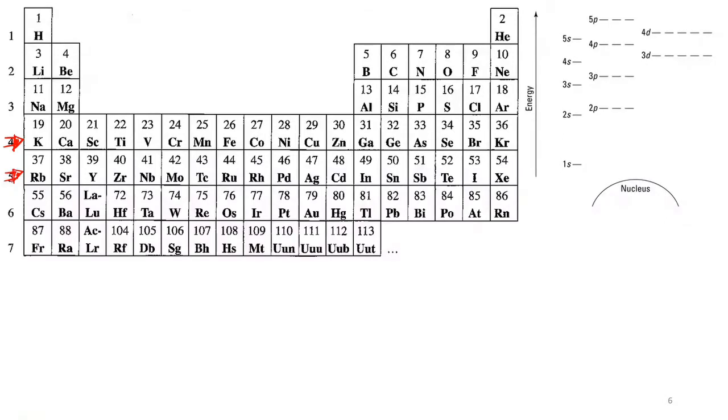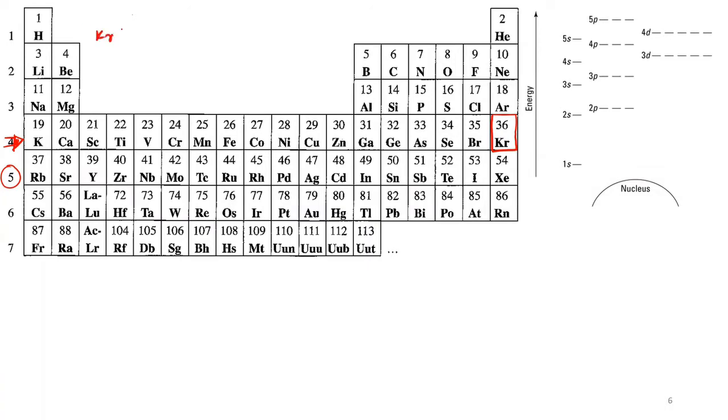Now, what is the noble gas structure right before this period? So that means in the period 4, we have krypton as our noble gas. So every element that we write in this period will have a krypton electron configuration as their core electrons.